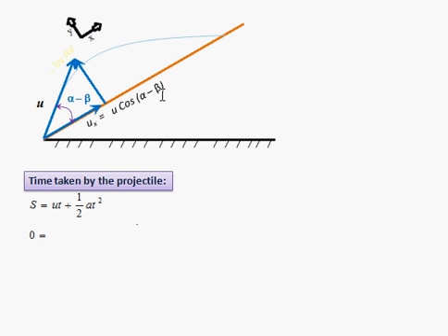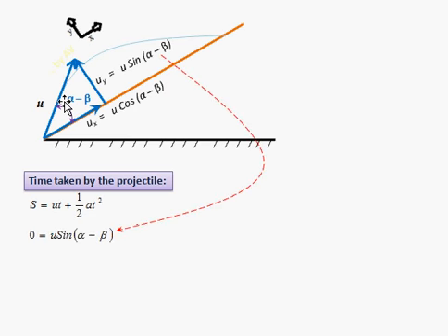Why I am utilizing cos means cos represents the adjacent side to the hypotenuse side. Since this side is adjacent to the angle alpha minus beta, I am using this cos. And similarly, we can use sine, since this side is opposite to alpha minus beta, and sine represents the opposite side to the hypotenuse side. Okay, with that concern, I am taking the u sin(alpha minus beta) here.